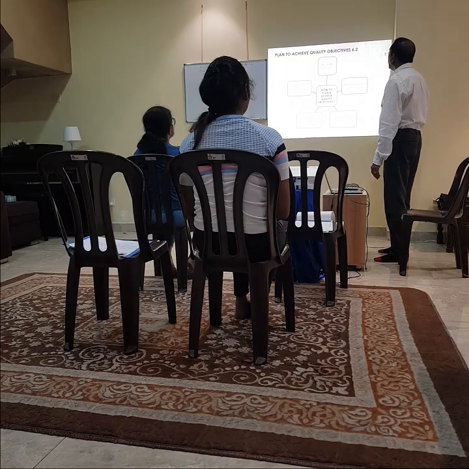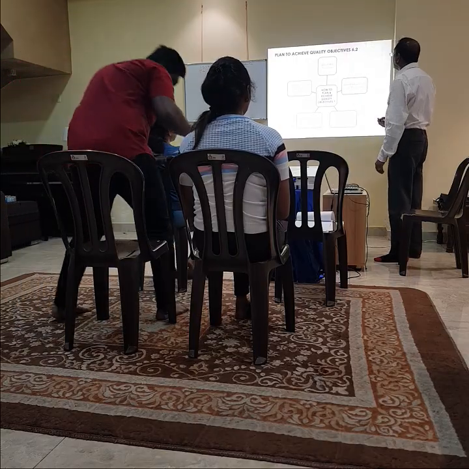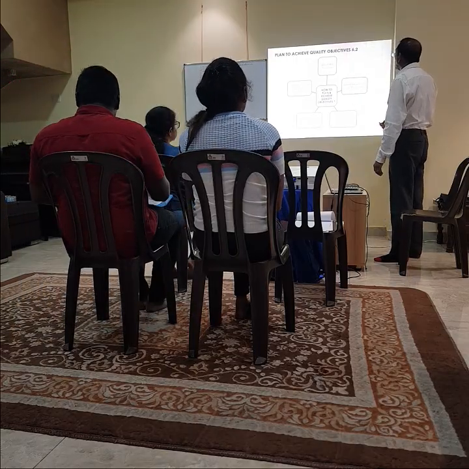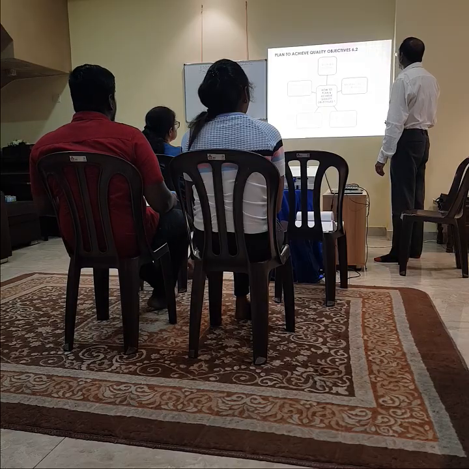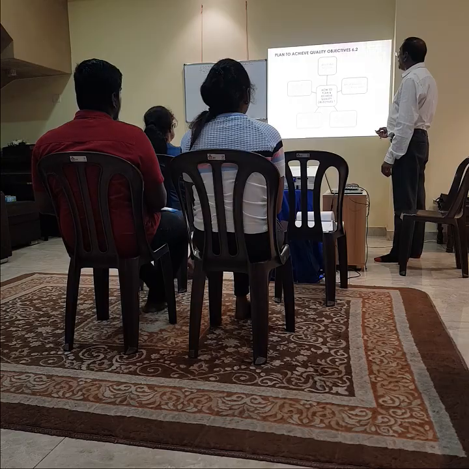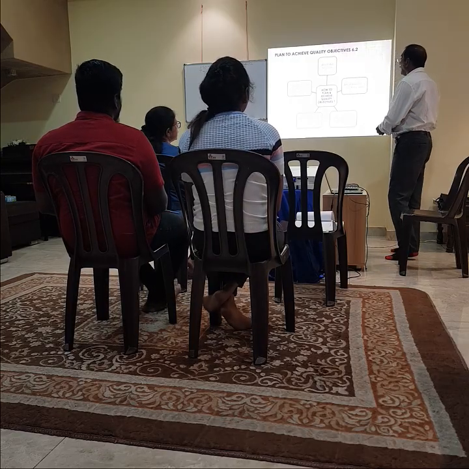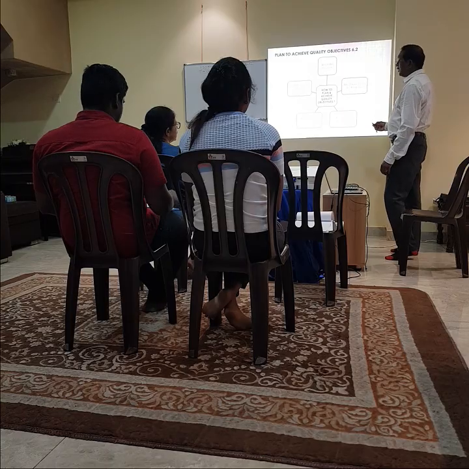What will be done? How to plan and achieve the quality objectives, what resources you have, who will be responsible, when it will be completed, and how the results will be evaluated. So, again, plan, do, check, act.